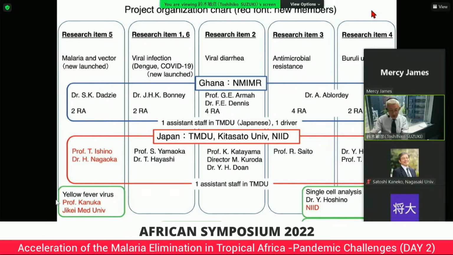We also study Buruli ulcer. This infectious disease is caused by Mycobacterium ulcerans, and many clinical cases are reported mainly in West Africa, including Ghana and Cote d'Ivoire. Additionally, as collaborative research with other Japanese scientists, analysis of yellow fever virus, identification of new malaria antigens, and analysis of mycobacteria using single-cell analysis technology are going on now.